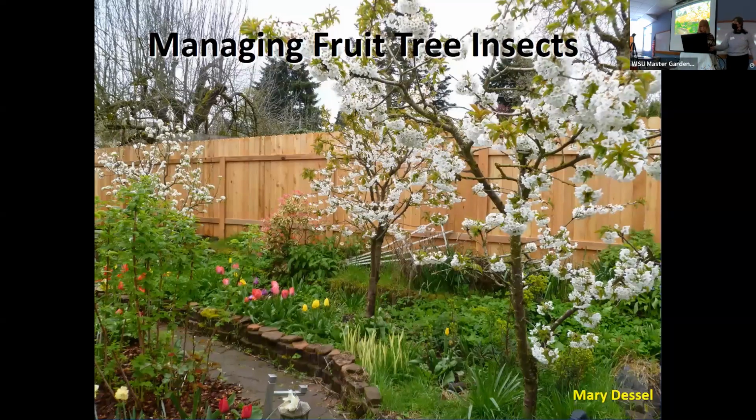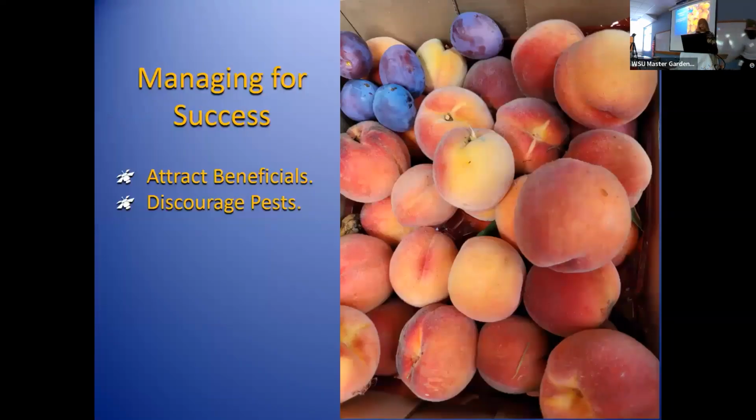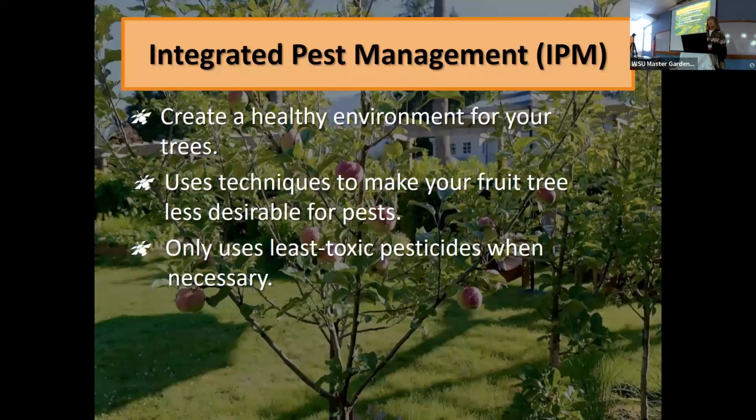Okay, great. All right, so today what we're going to do is look at attracting beneficials and discouraging pests. And we're going to use this process called integrated pest management. It's a pretty big name, so we'll just refer to it mostly as IPM. And there's a couple tenets here involved with integrated pest management, or IPM.